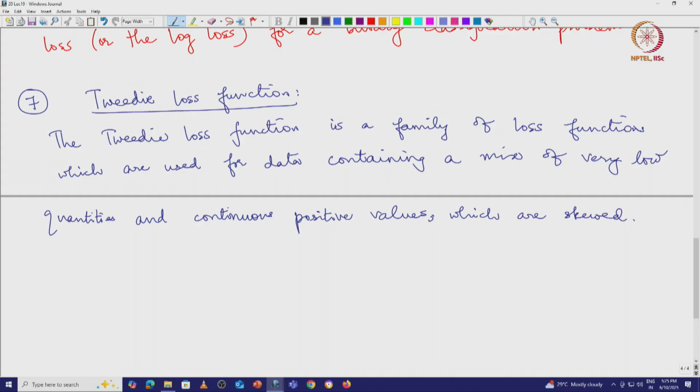So if your data is distributed normally or does not have a tail, then you do not really need to use the Tweedie loss function. However, if you are into weather forecasting and you want to predict the rainfall, rainfall can be 0 on some days and other days it is a continuous positive number.